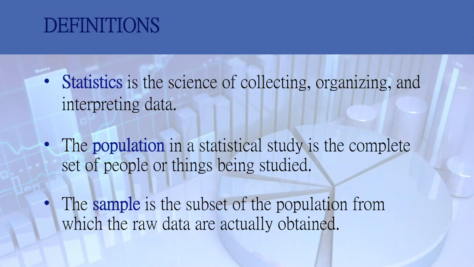Usually working with an entire population is not feasible. For example, trying to figure out people's opinions from the United States, it's very difficult to get a hold of every single person in the US. So what we do is we take a sample from the population and we collect data on that, and then we make generalizations later.